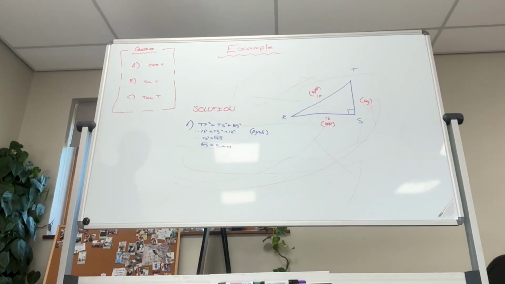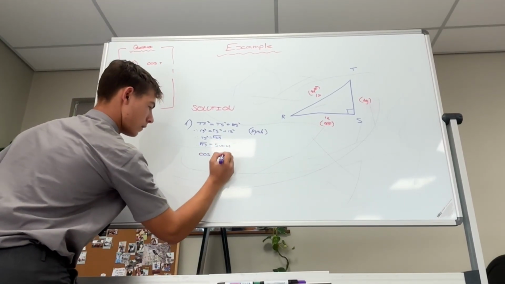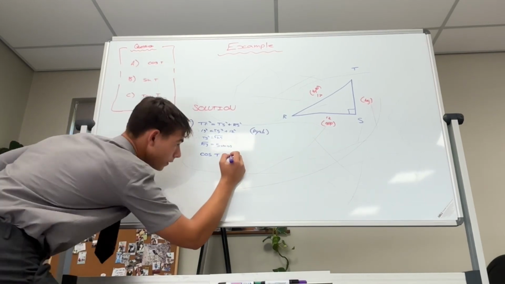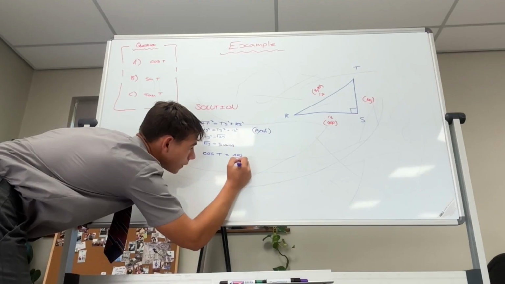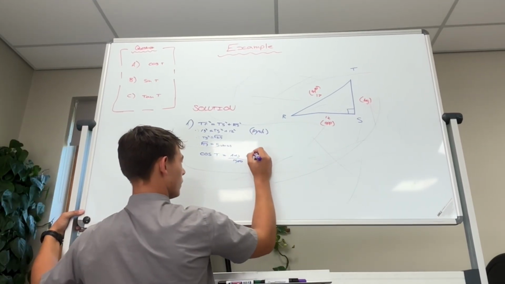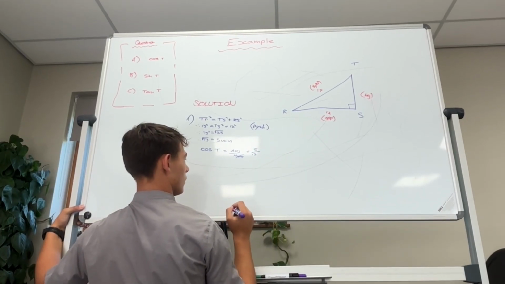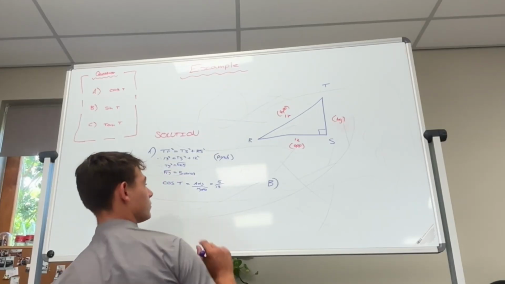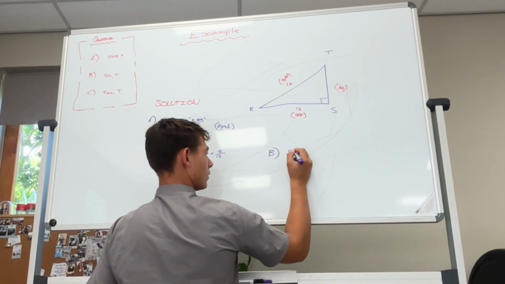We can now work out the cos value. Cos T equals adjacent side over hypotenuse side, which is equal to 5 over 13. To work out B, we are figuring out the sin T value.